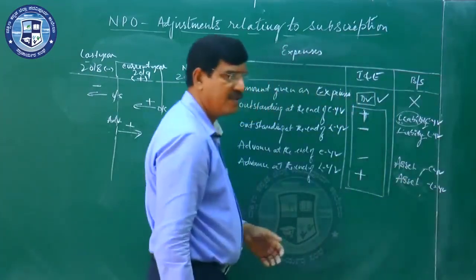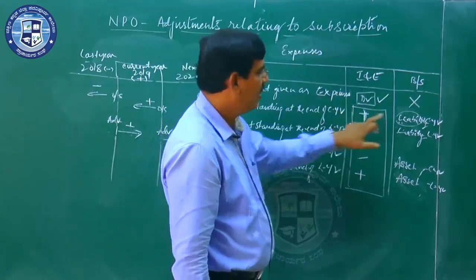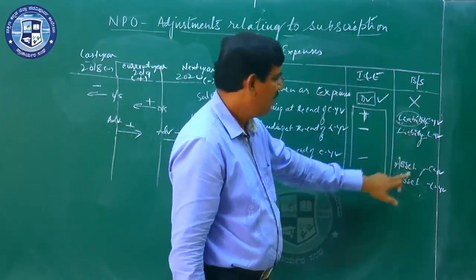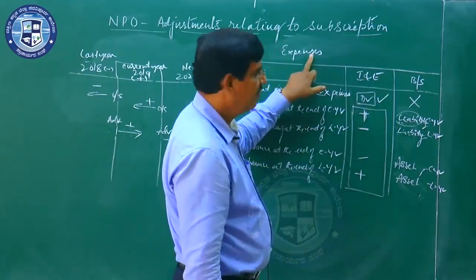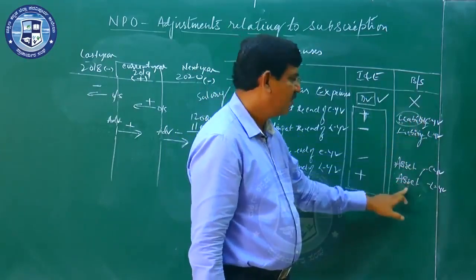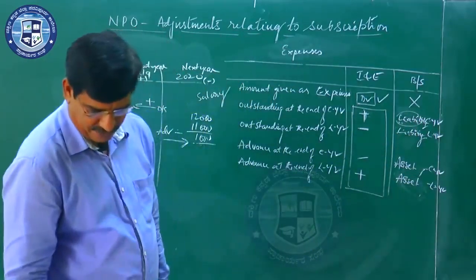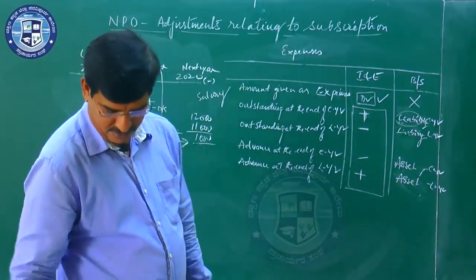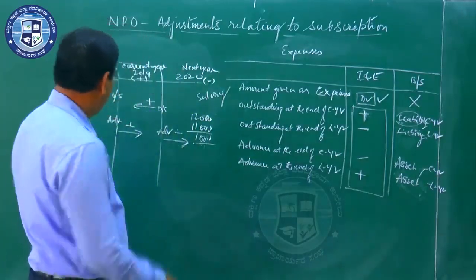In simple words, for the incomes, the outstandings are assets and advances are liability. And for expenses, the outstandings are liability and advances are assets. So with this basic knowledge, you have to work out the problems on not-for-profit organization.